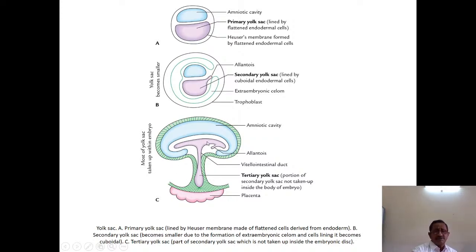The other thing, this is the vitello-intestinal duct, this is the tertiary yolk sac, and of course the secondary yolk sac; the primary yolk sac we have already seen. The difference between the primary yolk sac and secondary yolk sac is that the primary yolk sac is lined by Heuser's cells which are flat, whereas the secondary yolk sac, after reduction of part of its size, is lined by cuboidal cells, and it extends into the stalk of the embryo as allantois.